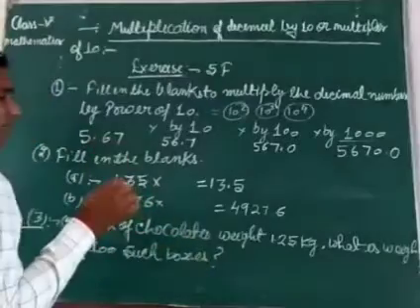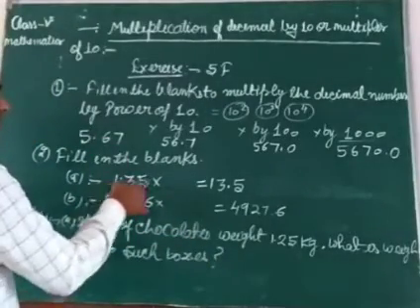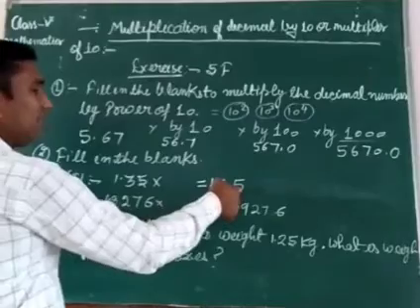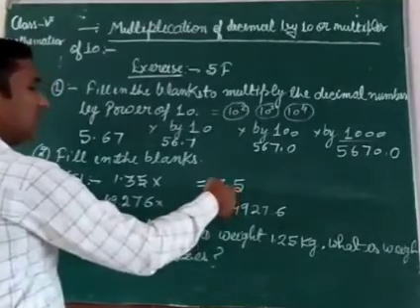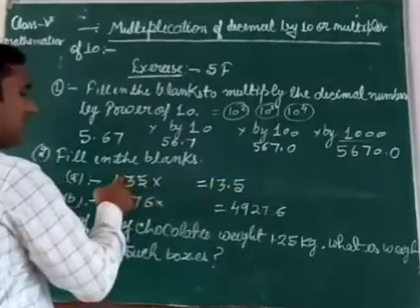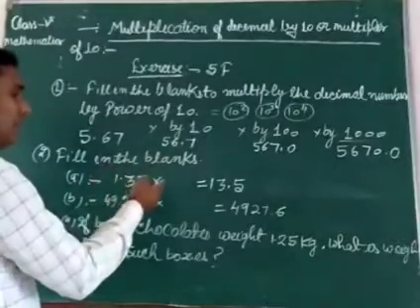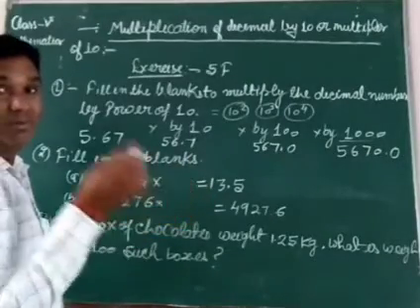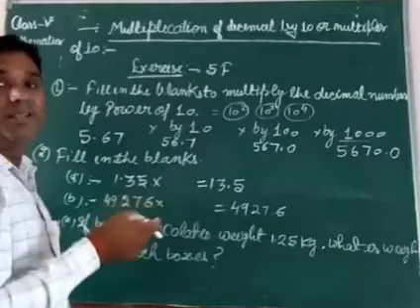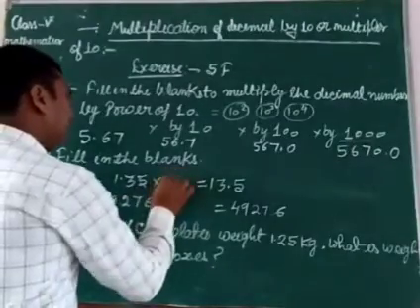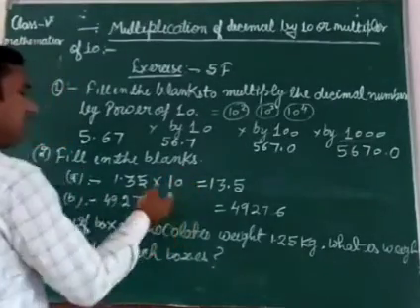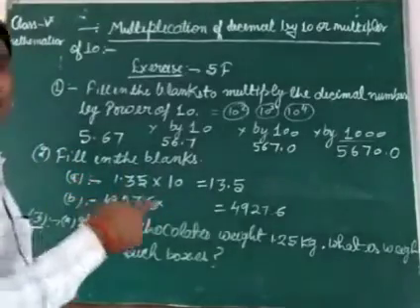See the decimal place. Here the decimal is at 2 places from the right side. Here the decimal is at 1 place. It means the decimal shifted 1 place right. Then by what number is it multiplied? By 10. For 1 place it was multiplied by 10.